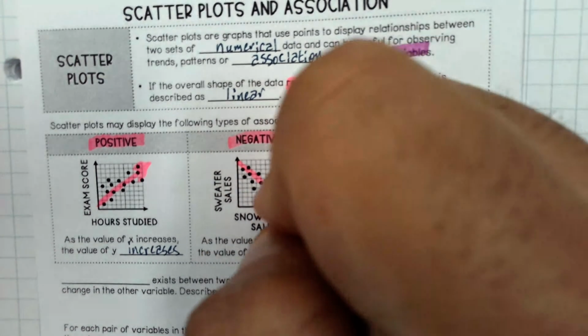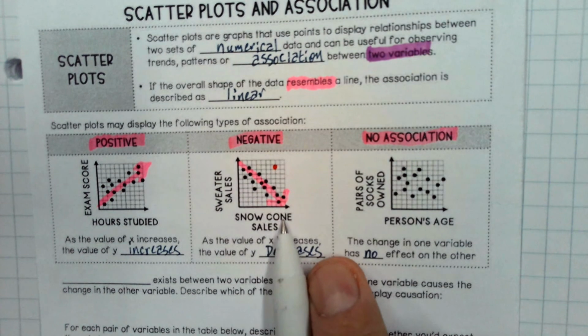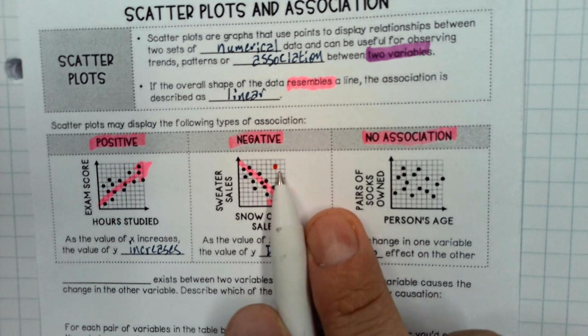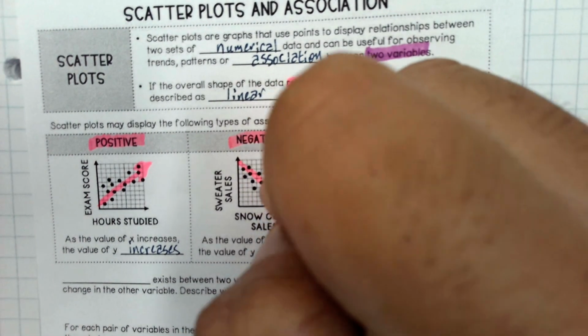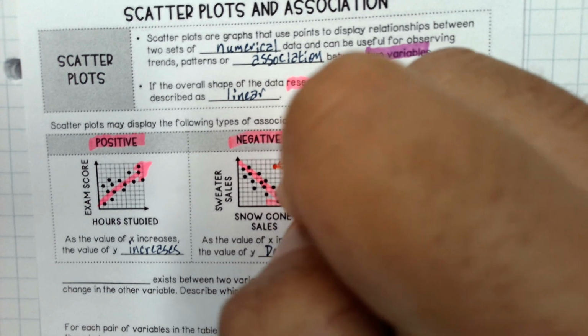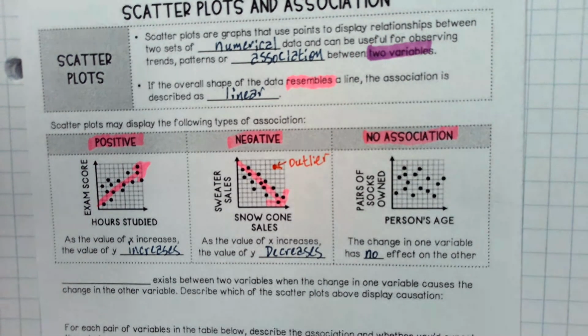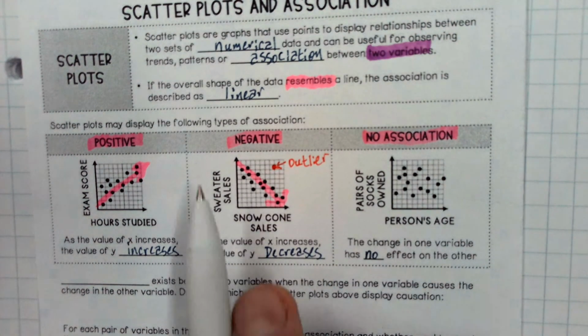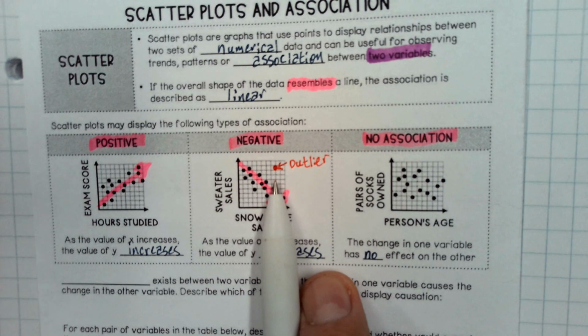Say you have one point that's way up here. They buy a lot of snow cones and they buy a lot of sweaters. This is what's called an outlier. So that's something outside the normal trend. The normal trend is this. Something that's outside that trend is an outlier.